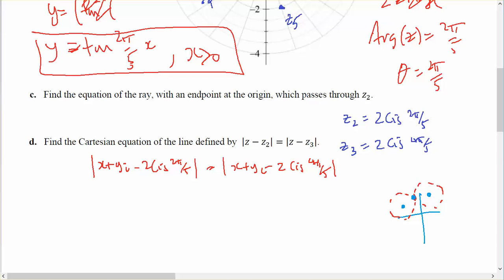If I was to choose a slightly bigger circle around this one and the same size circle around this second one, then they're going to intersect here and here, and I'm going to get a straight line that looks like that, which is going to be equidistant for all the circles that I could draw from both of them.